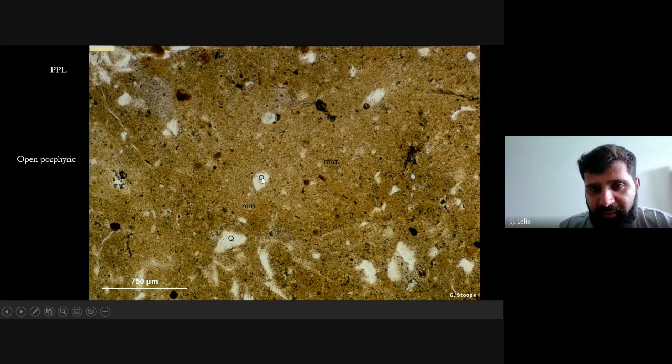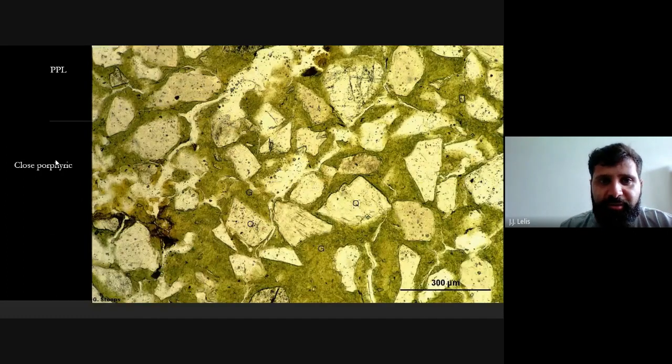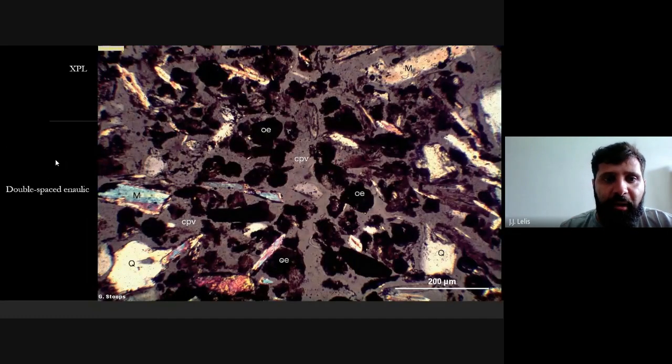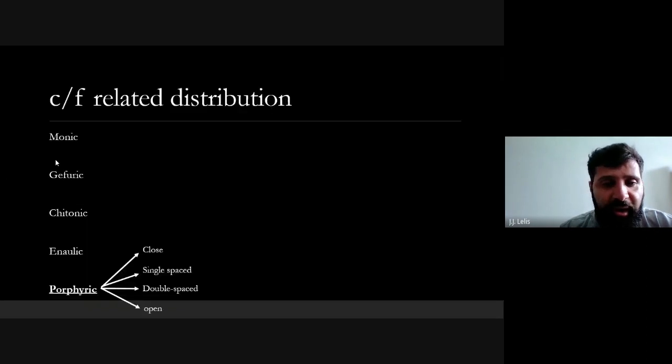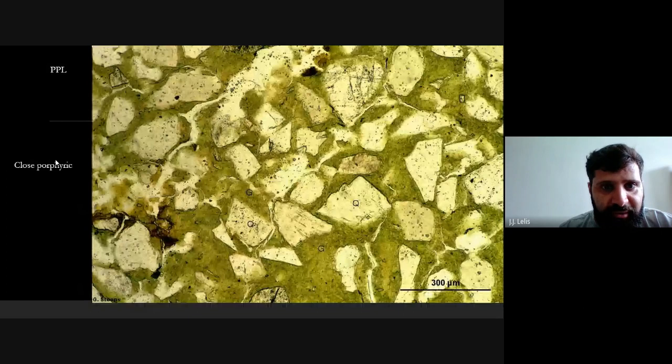So in this case, we have an open porphyric CF ratio. Each of these CF ratios tells us about specific conditions. Enaulic tells us about intense pedalization and bioturbation, and porphyric tells us that we have clayic materials with low bioturbation and probably dense materials, okay?